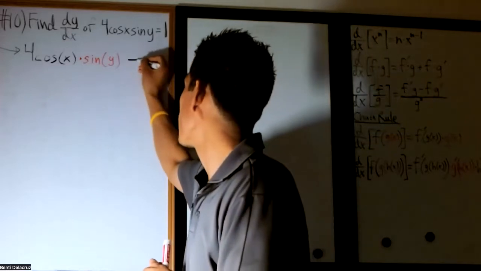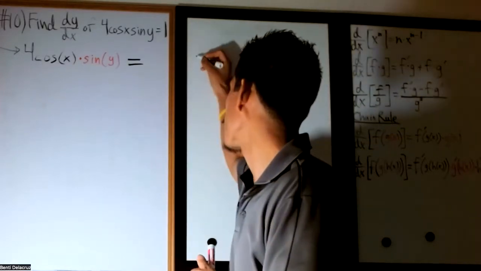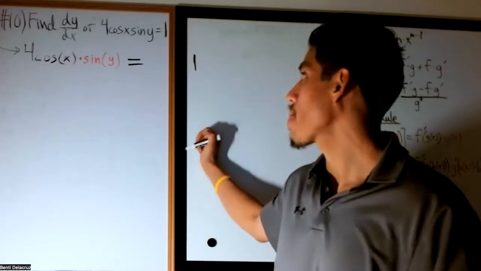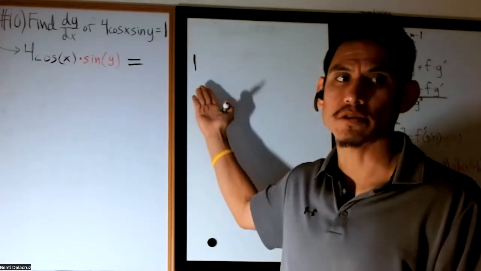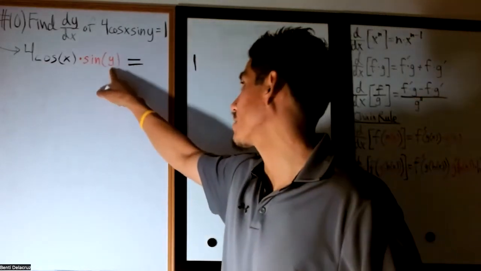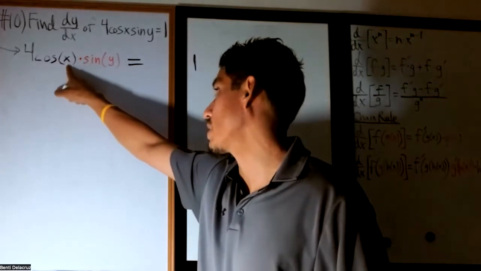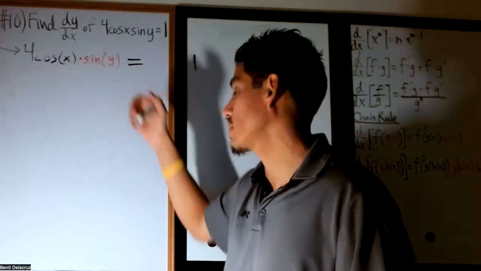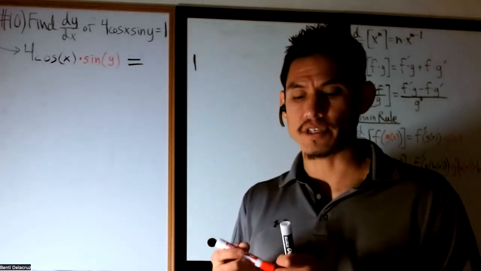And all that will be equal to 1. I like doing that because I think it really helps emphasize what you're taking the cosine of or the sine of. And it's useful, especially when you have to use chain rule.